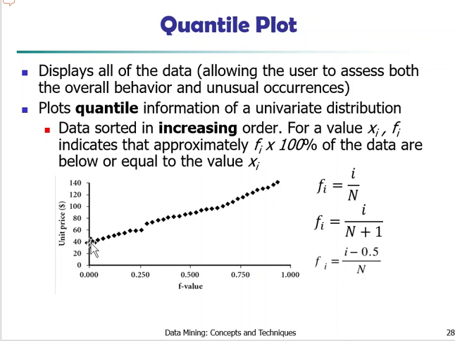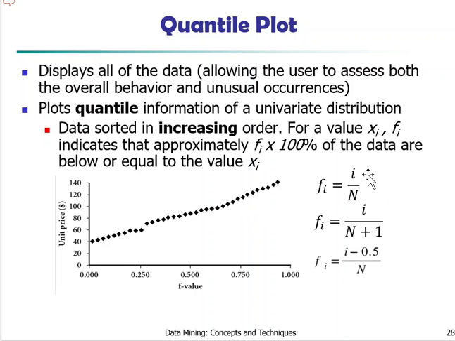Then for every data point, we compute what percentage of the data is smaller or equal to this value. So the first, we have $40, and 0% of the entire data is smaller than it. Well, when we consider equal, yeah, it's a very tiny percentage.